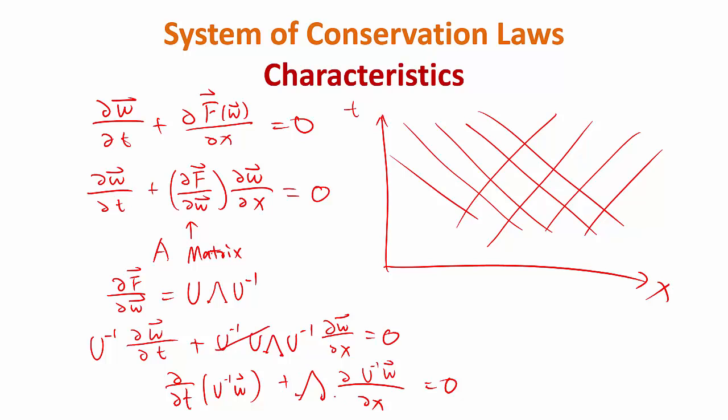And now lambda, which contains the eigenvalues of the matrix, corresponds to the direction and speed of these characteristics.